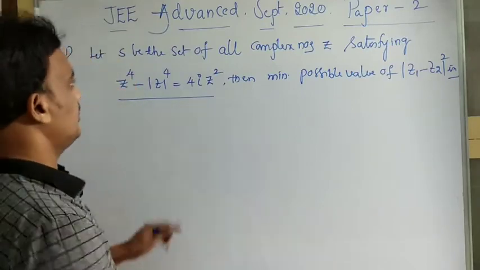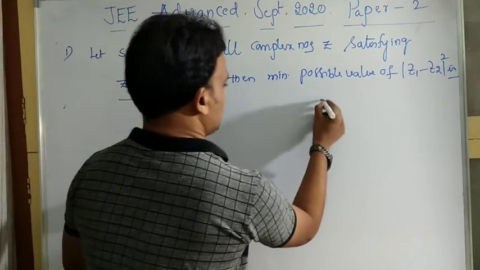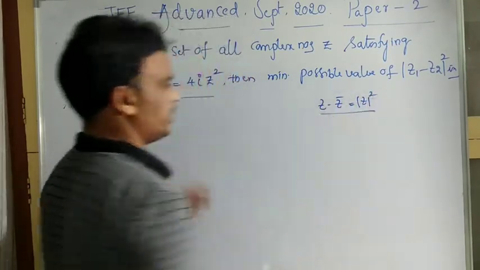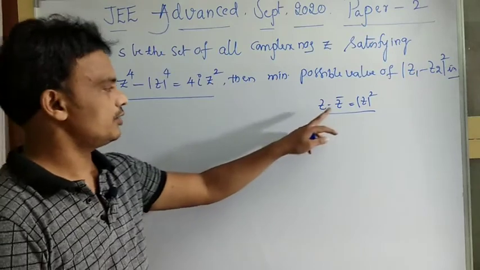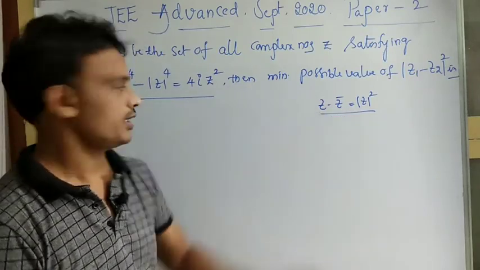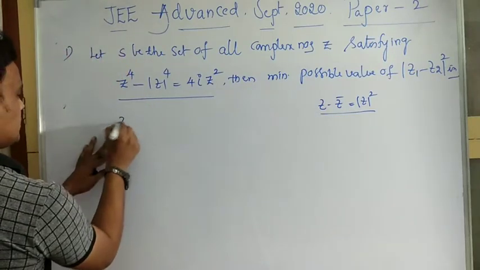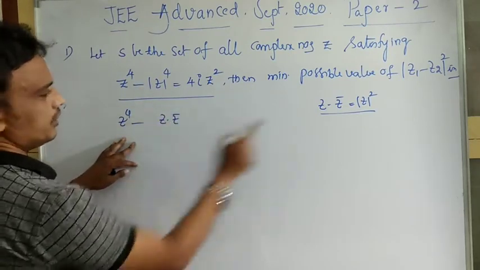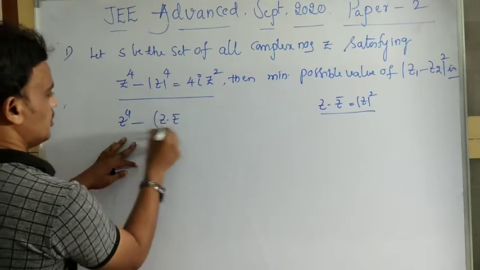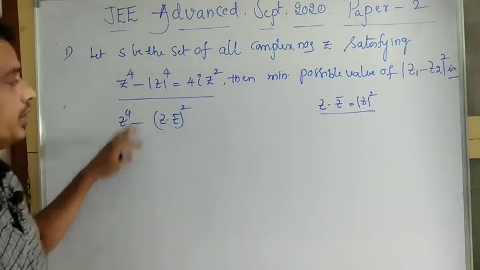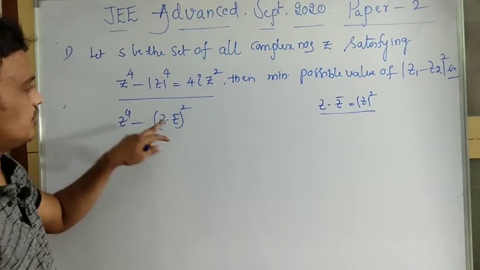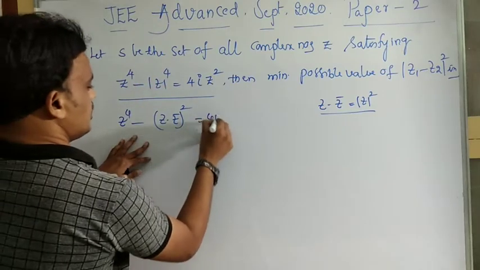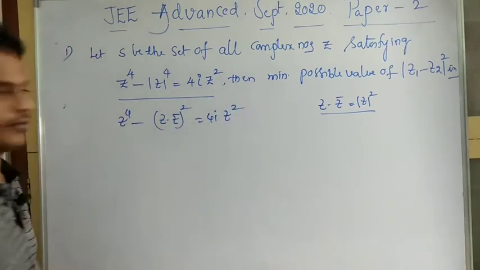From complex numbers we have one property: Z into Z bar, the conjugate, is magnitude of Z square. So I can write Z power 4 minus (Z into Z bar) whole square, where Z into Z bar is magnitude of Z square. Then it becomes modulus of Z power 4 equals 4 times iZ square.